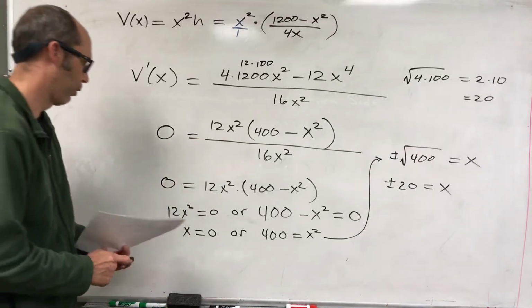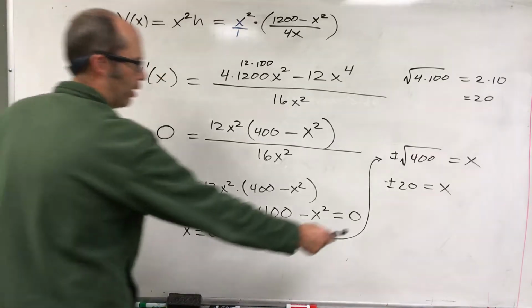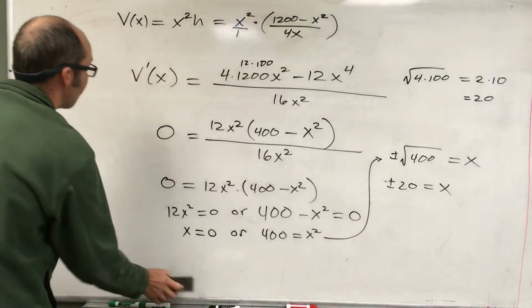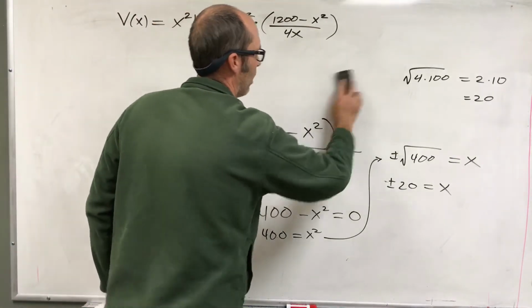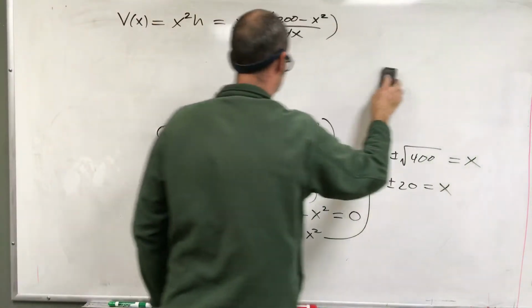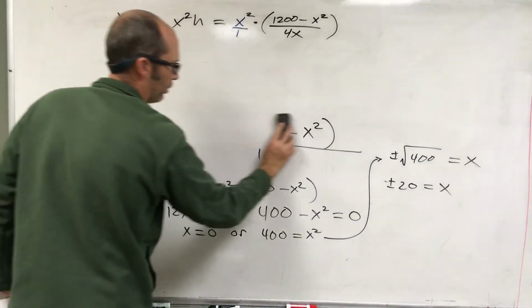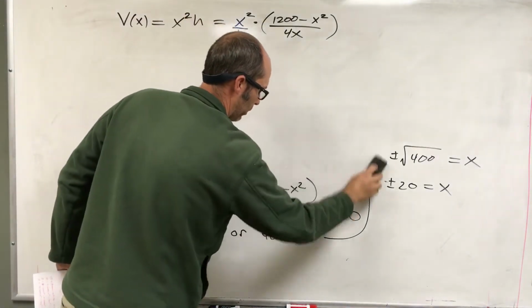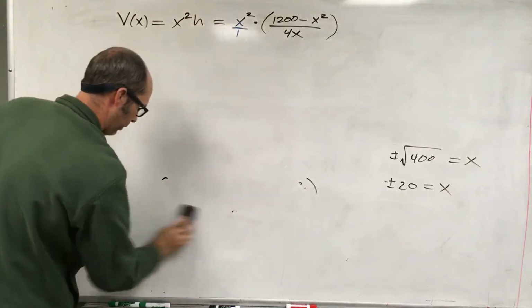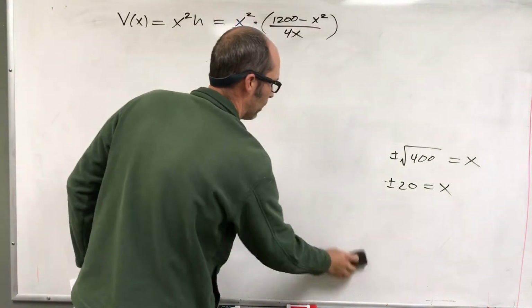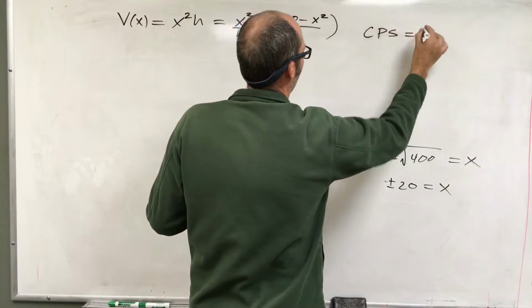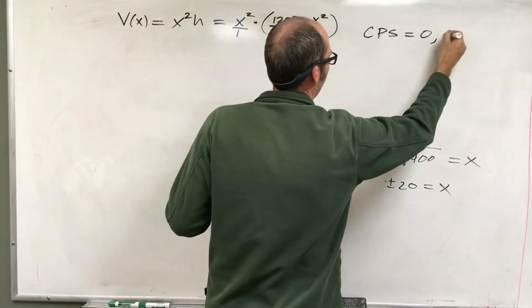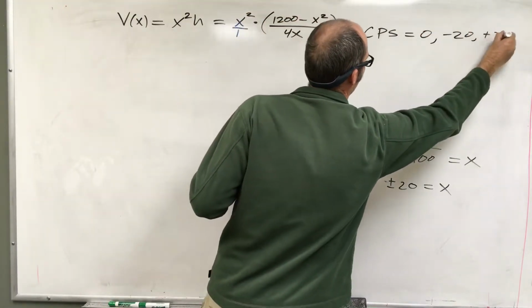So our critical points are 0, plus or minus 20. Write that down. Our critical points are 0, negative 20, and positive 20.